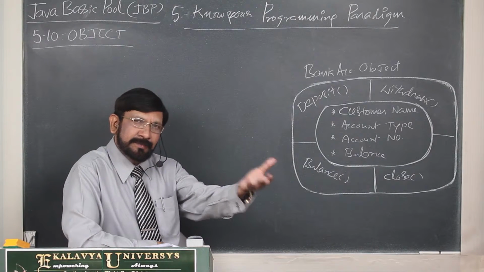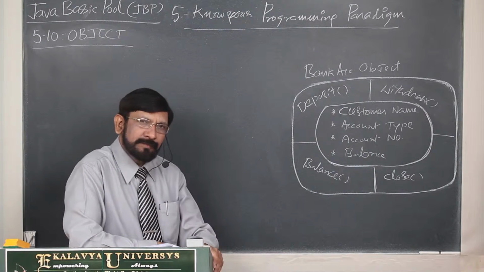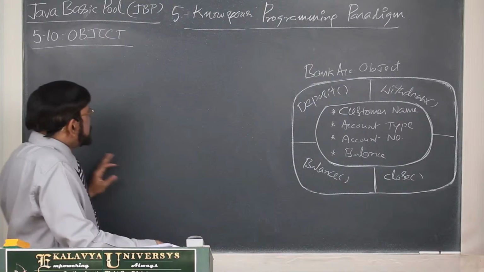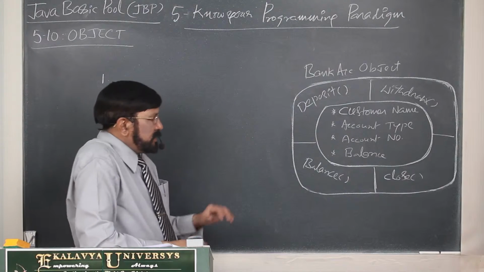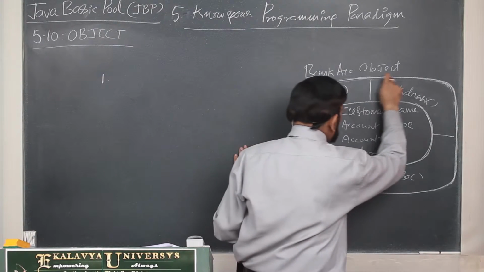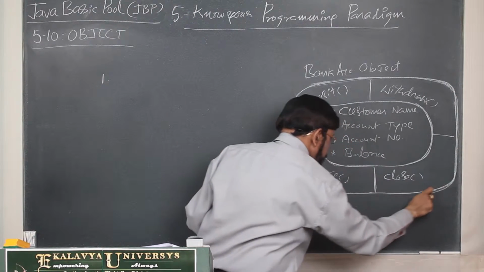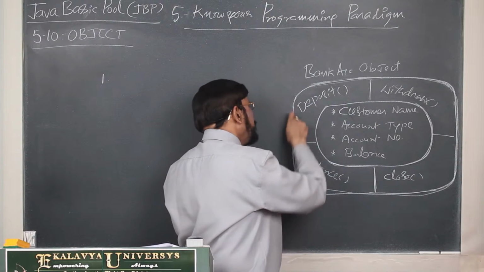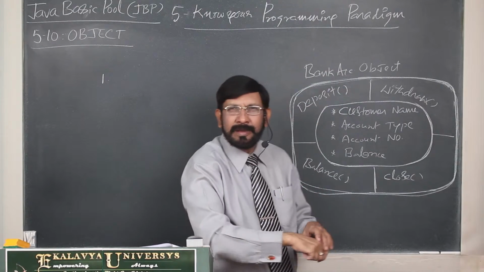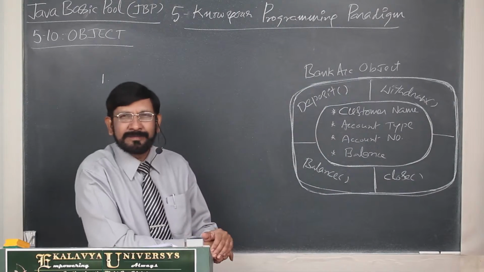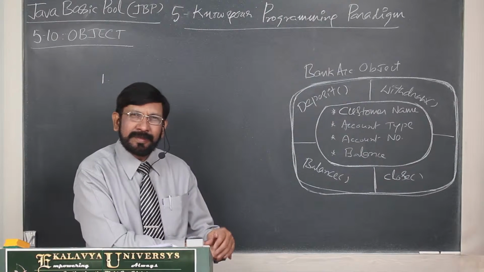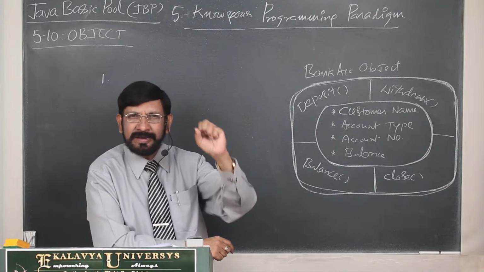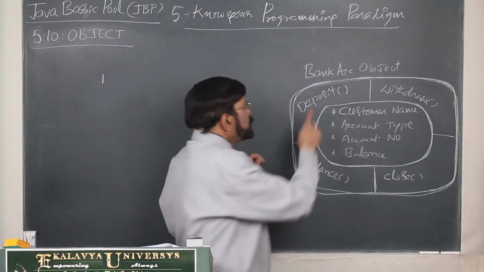Object is the real thing. It is a building block. So let us first consider the definition. An object is a self-contained entity. It is a self-contained entity like your TV, like your car, like a person, like a tree. It is a self-contained entity with a unique name.